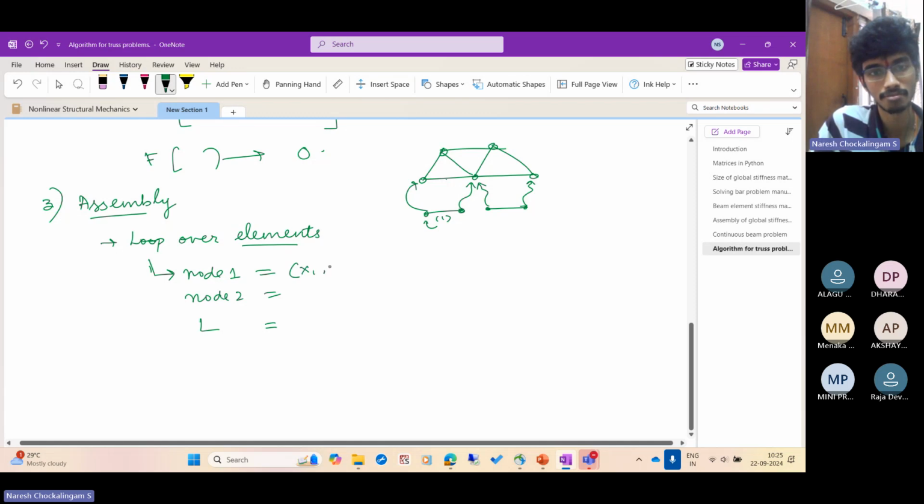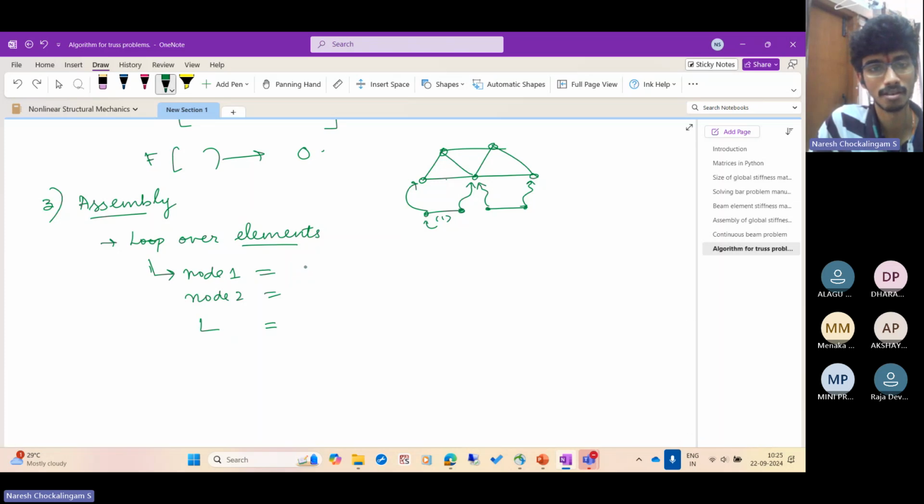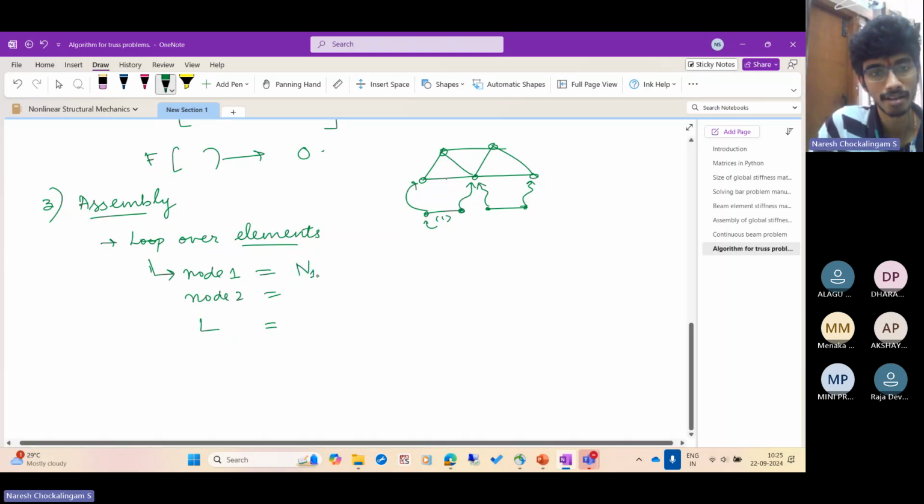Let's say node 1 is n1 and it has coordinates x1, y1. And node 2 is n2, it has coordinates x2, y2. How do you find the length of the element?